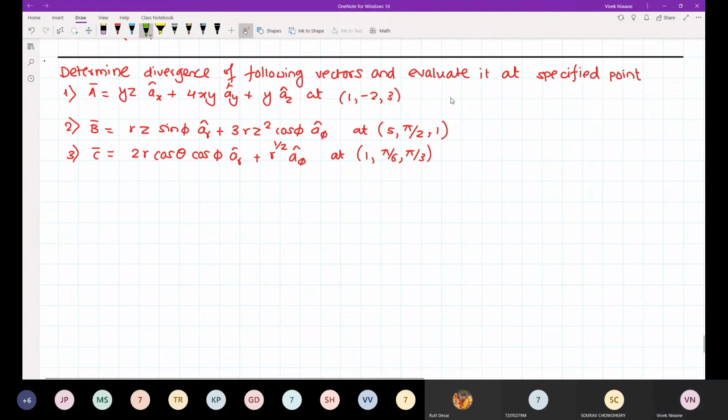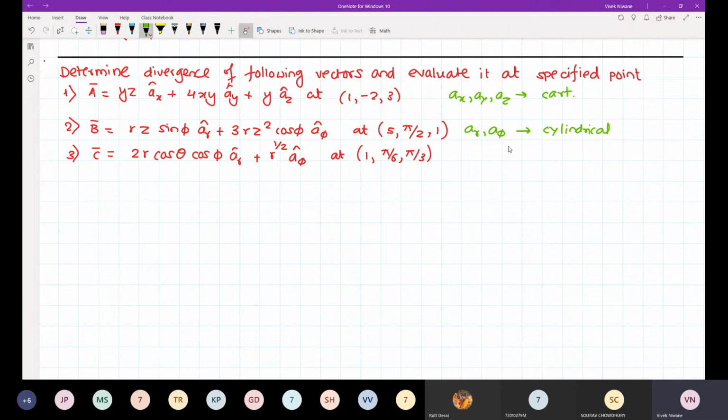Okay. In the first vector, we do have ax, ay, az. That indicates we need to work with the Cartesian coordinate system. Here AR and phi are present, so that indicates we need to work with the cylindrical coordinate system.